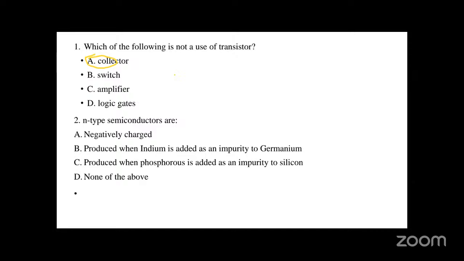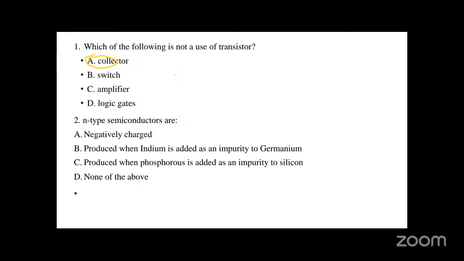Now, option C says, produced when phosphorus is added. Phosphorus is a group 5 element. So if the 5 outermost electrons are added to silicon, which has 4 outermost electrons, 4 of the phosphorus electrons will go into bonding with 4 of the silicon electrons, and then 1 electron will be in excess.